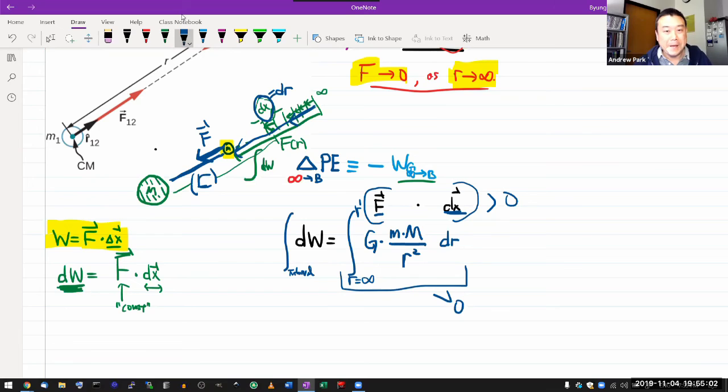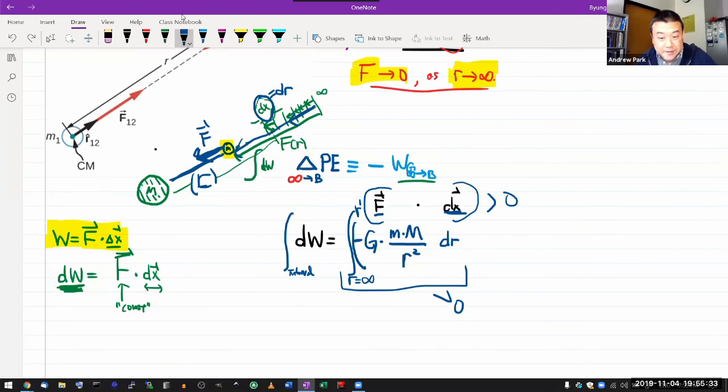So I make sure I choose the correct signs to be sure that's what happens. Because the force is pointing towards the origin, I need to have a minus sign here.